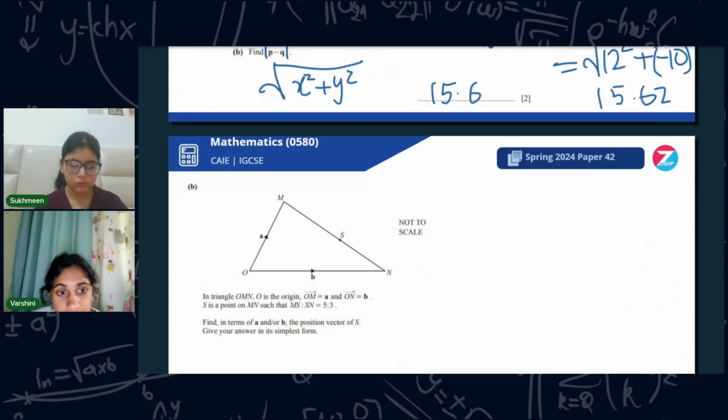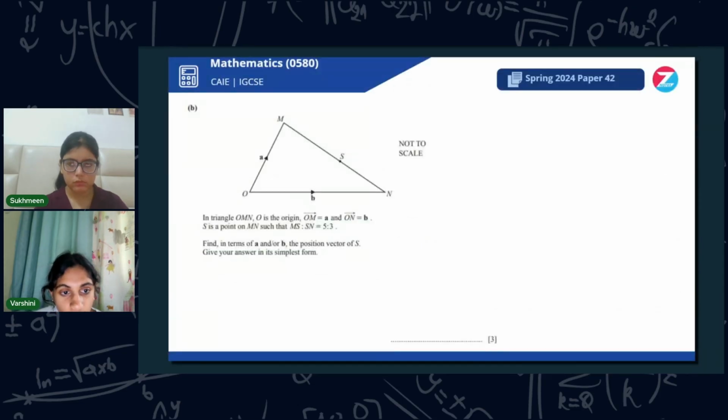Part B. In triangle OMN, O is the origin. This is the origin, which is (0, 0). OM is equal to a, and ON equals b. S is the point on MN over here such that MS to SN equals 5 to 3.